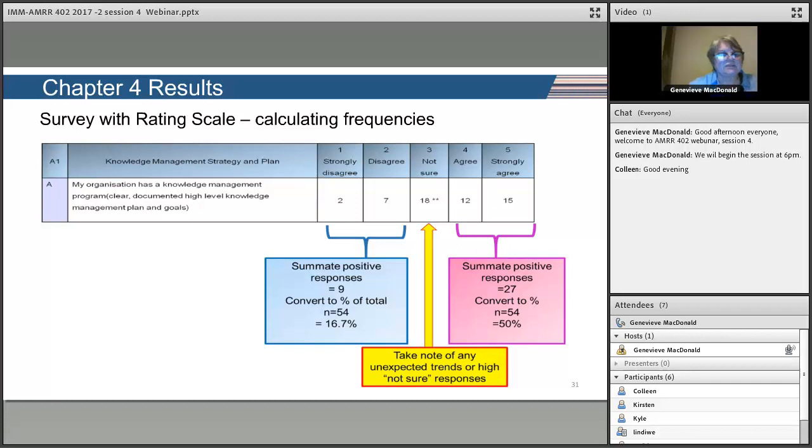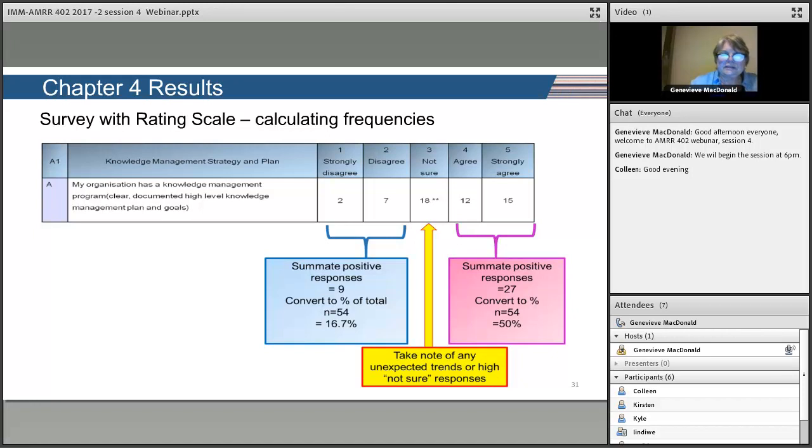In this case, it talks about they have a knowledge management program. Now you've got the negatives here, and the negatives is fairly low, 16.7%. The positives are fairly high, 50%.